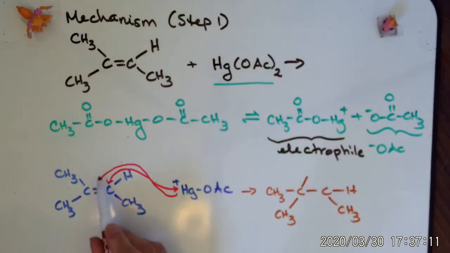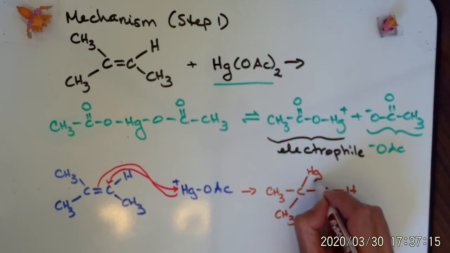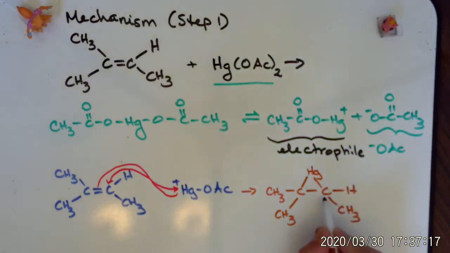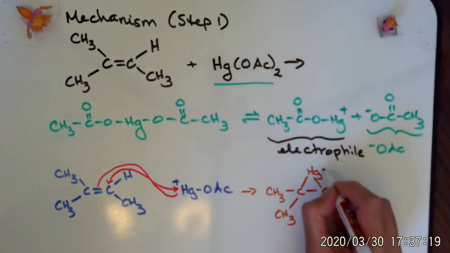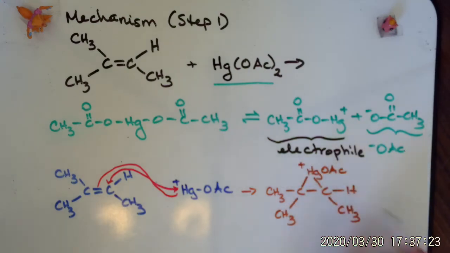These electrons form this bond to the mercury, but then that comes back and forms a bond to this carbon. So you get this cation.